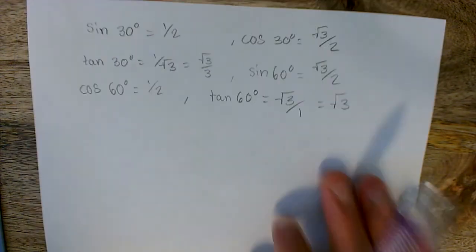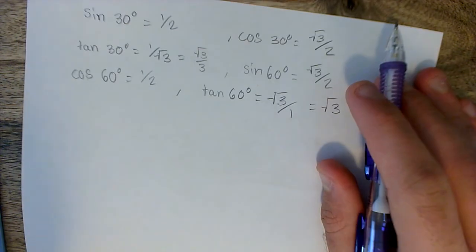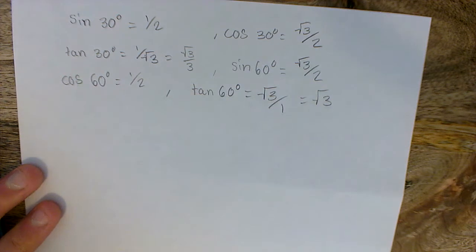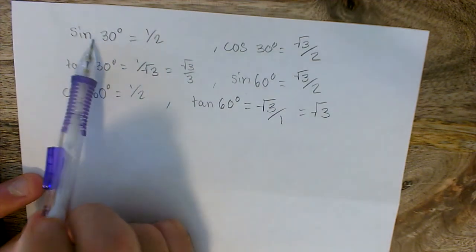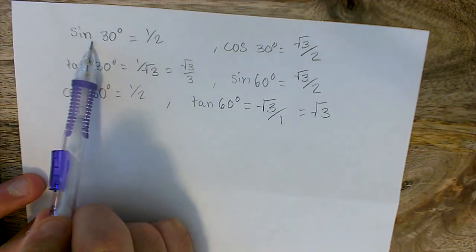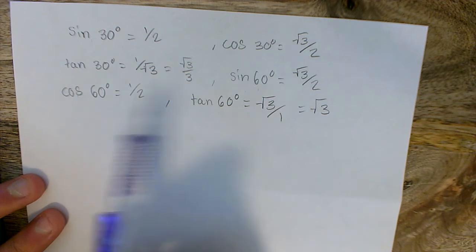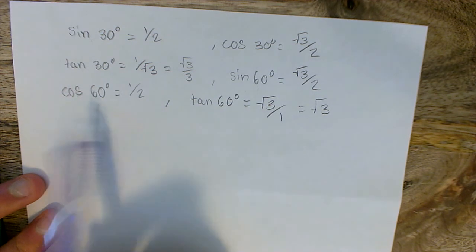Okay, so now if I continue on, there's one thing I want you to notice about this table, or you may have noticed it already. Check out the sine of 30 degrees and the cosine of 60 degrees.